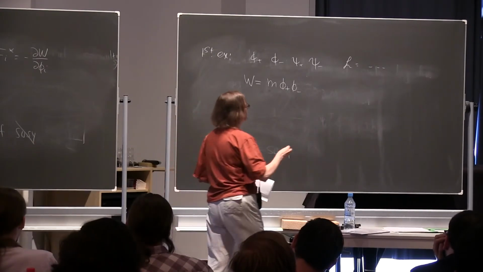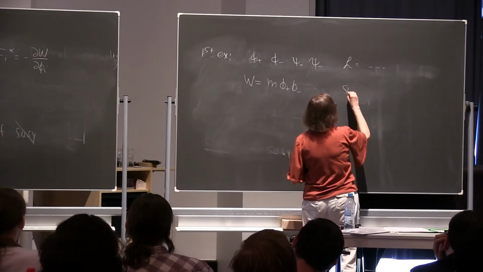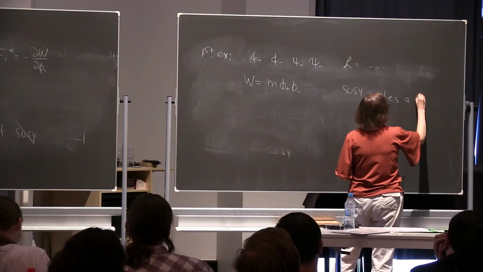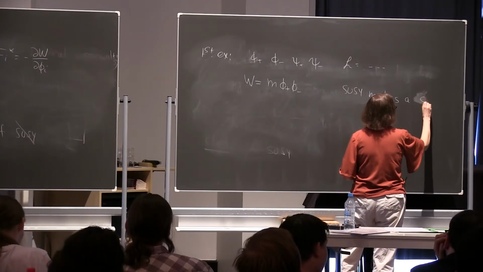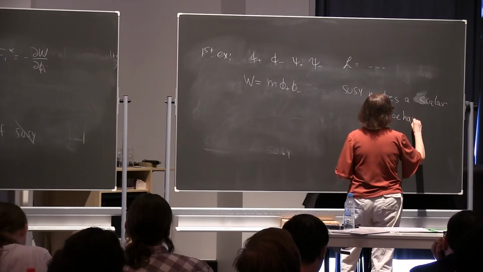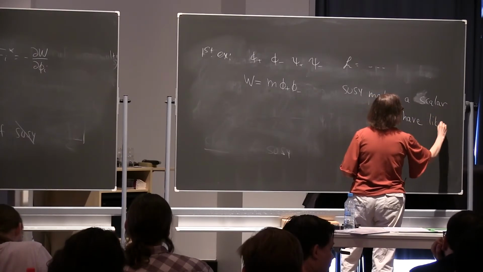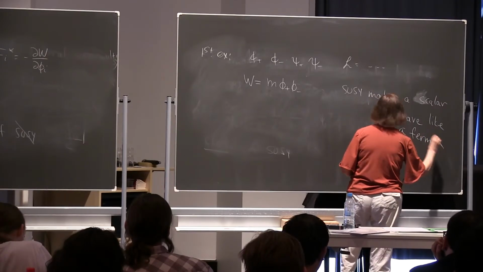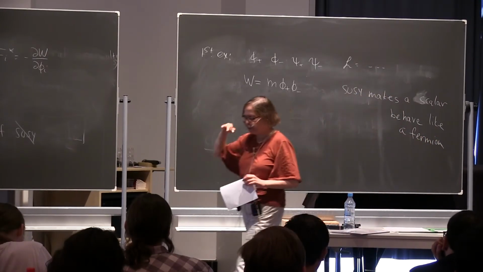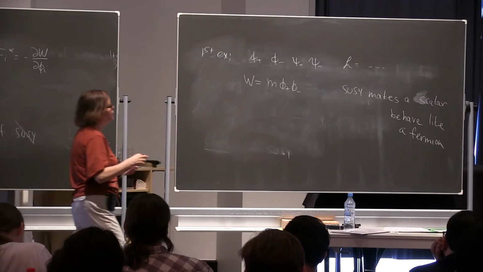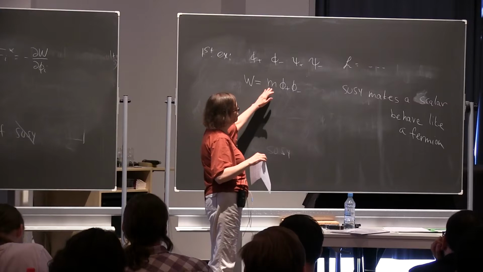So this is the sense in which I said that supersymmetry makes a scalar behave like a fermion. So the structure of the mass that I'm allowed to write is very similar to the fermion mass term.